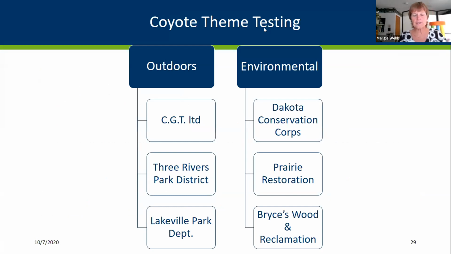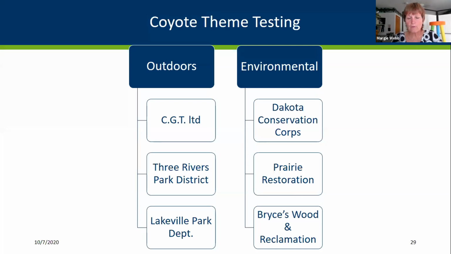So here's Coyote's theme testing. And if we look at the businesses, here's a list. I made a list of businesses in the immediate area where he lived in Lakeville. So there was CGT Limited. They do apartment complex maintenance. So they do outside things, shoveling, things like tree trimming. There's some woods behind the apartments that they're maintaining, mowing, a little bit of landscaping.